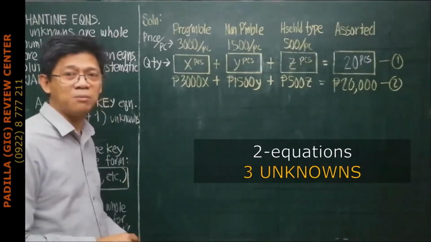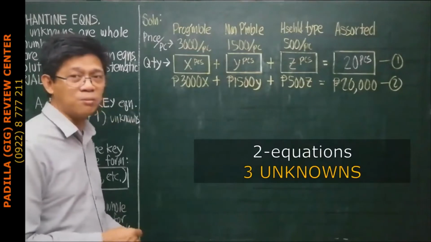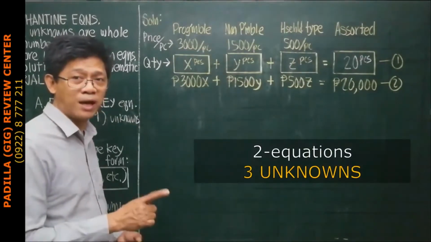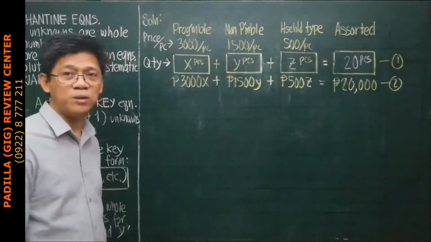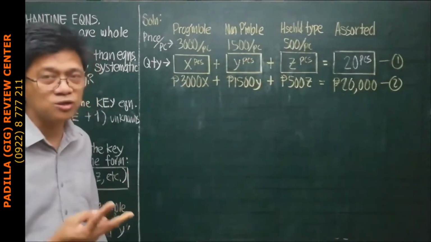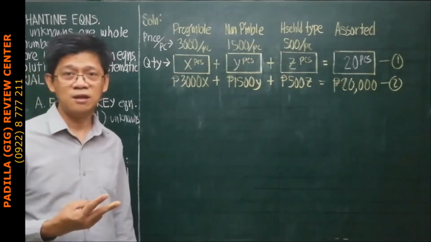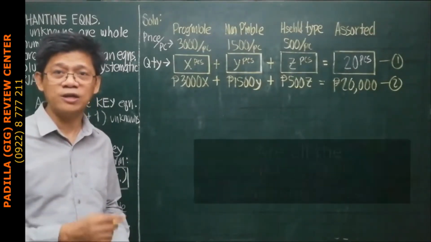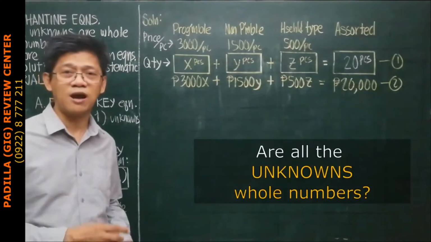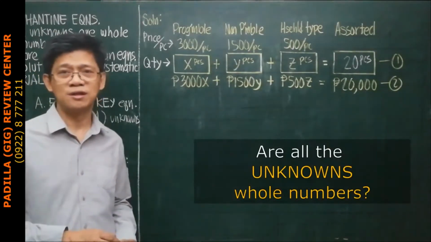Ordinarily, since there are more unknowns, this problem is not solvable. But, with the exception, this can be solved if the two equations are Diophantine. We shall know that they are Diophantine if all the unknowns, the variables, are whole numbers.